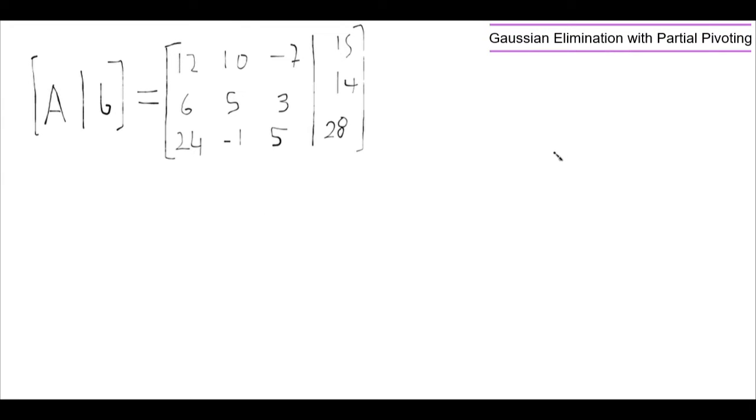Let's see a different example, but this time we will take the right precautions to not face a similar problem. Before we begin the method, let's swap the third row with the first, as 24 has a higher absolute value than 12.